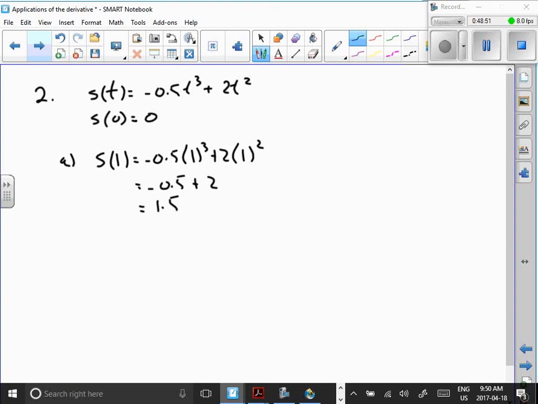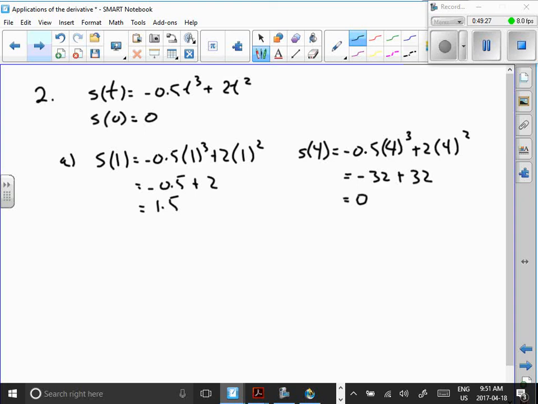And we want to know the displacement at t equals 4. That would be S at 4, negative 0.5 times 4 cubed plus 2 times 4 squared. 4 cubed is 64, negative a half of that is negative 32. 4 squared is 16, times 2 is 32. So we get 0.